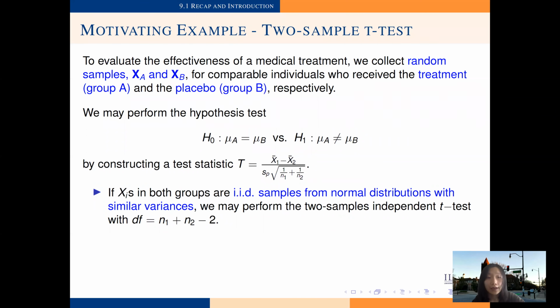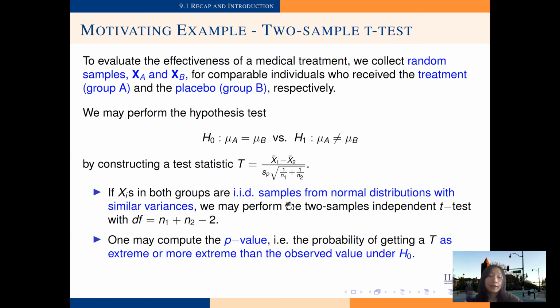If the xi's in both groups are samples from the normal distribution with similar variances, then we may perform a two-sample independent t-test where the degrees of freedom is given by the sum of the sample sizes in the two groups minus 2. In this case, one can compute the p-value. In other words, the probability of getting a test statistic as extreme or more extreme than the observed value t under the null hypothesis.